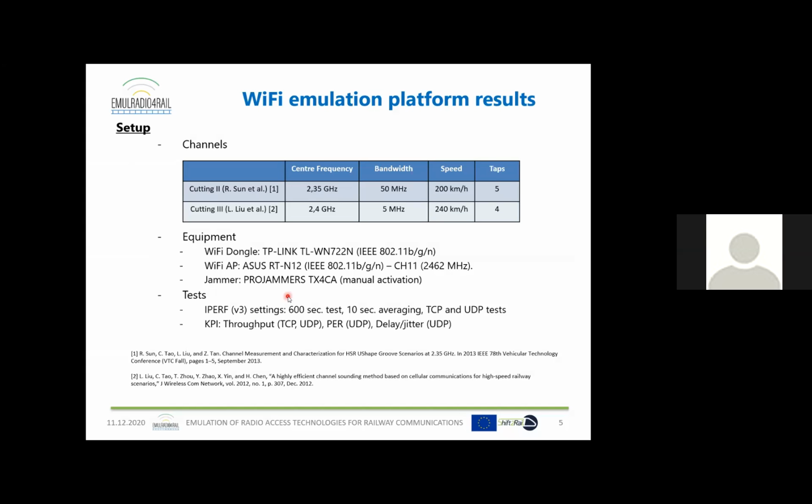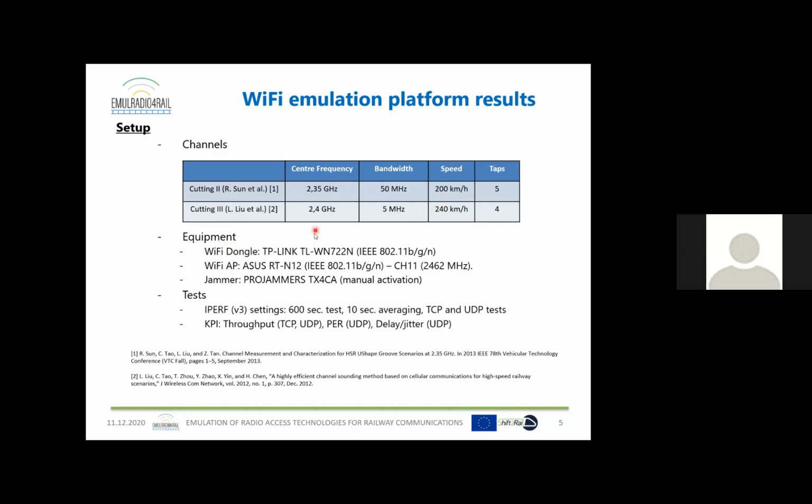For testing this Wi-Fi emulation platform, we have selected two of the channels that Juan presented in the previous talk, which suit our frequency and bandwidth, and the speed and number of taps that we are able to emulate. As a reference, we have used these two devices as Wi-Fi dongle and Wi-Fi access point.